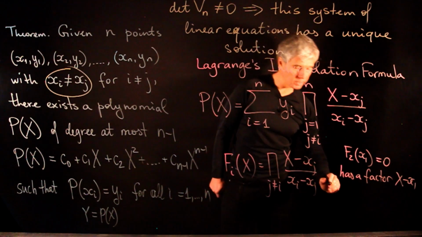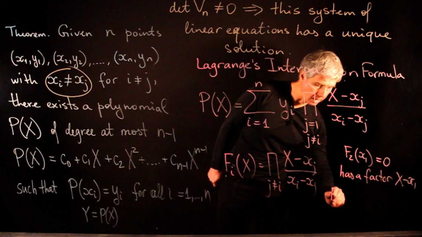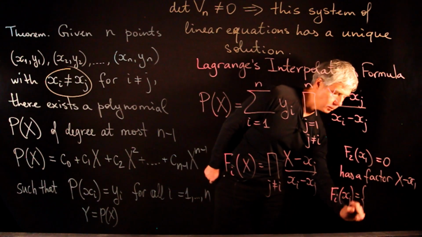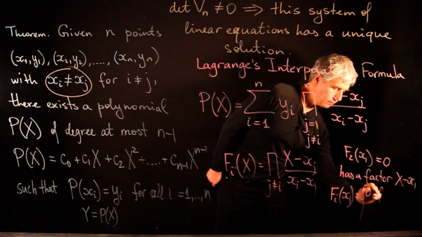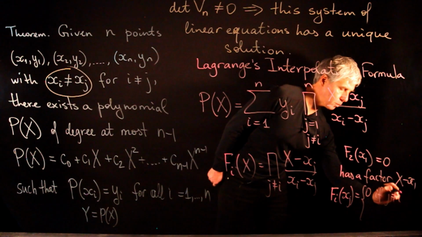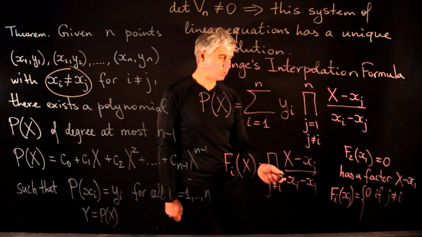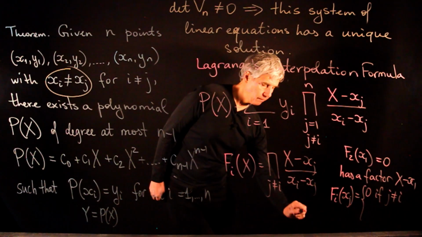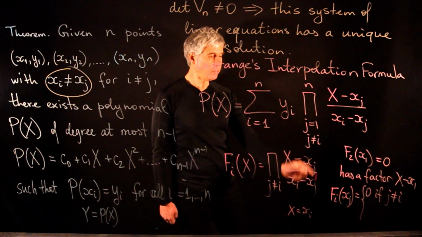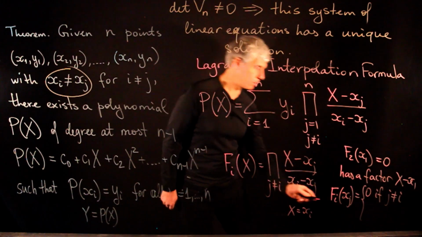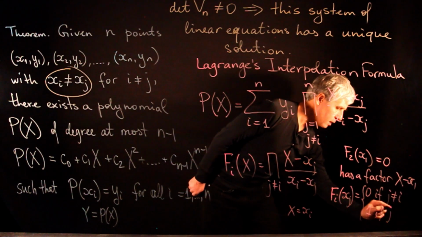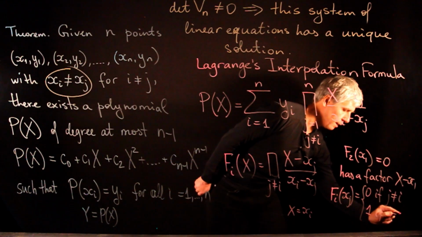And so fi evaluated at xj is equal to 0 if j is different from i. And when we substitute x equals xi, then all these factors will become 1. So this means that we'll get value 1 if j is equal to i.